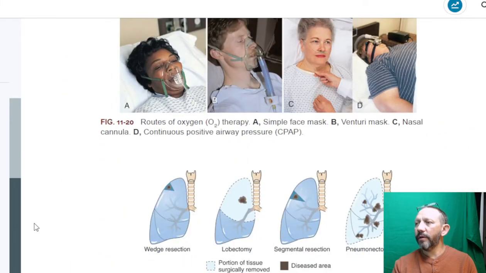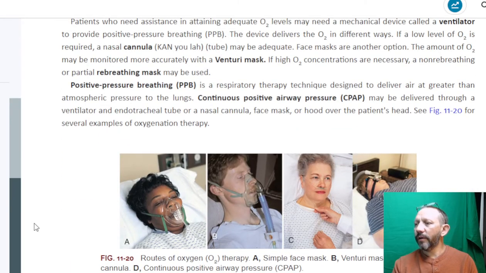Let's see what else we have in here. Oh, you're going to see different kinds of masks. Oxygen therapy, simple face masks, rebreather, and positive airway pressure. So, a Venturi mask. A Venturi mask, notice, will usually have the whole big thing there.